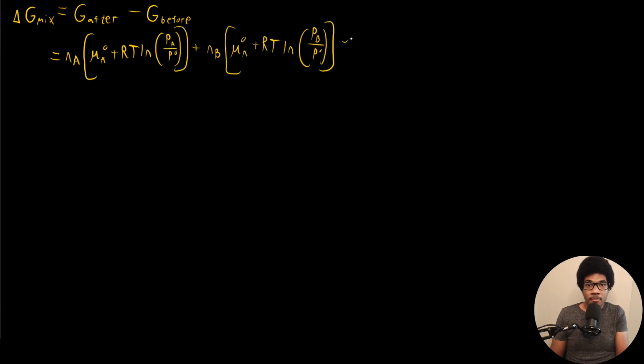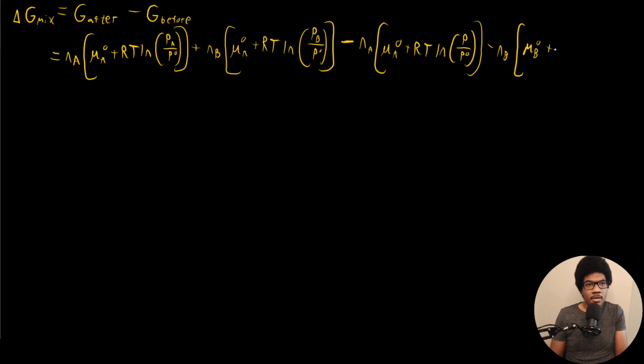Now we have the terms from G before, so we have minus NA mu A naught plus RT ln P over P naught, minus NB mu B naught plus RT ln P over P naught.